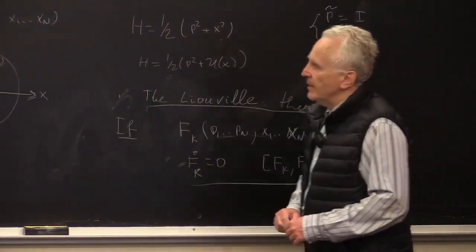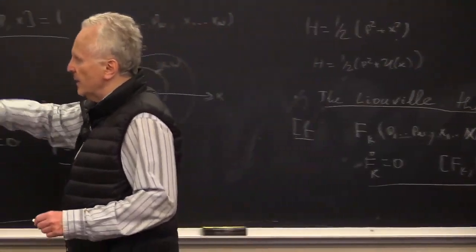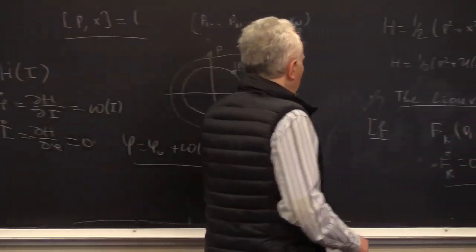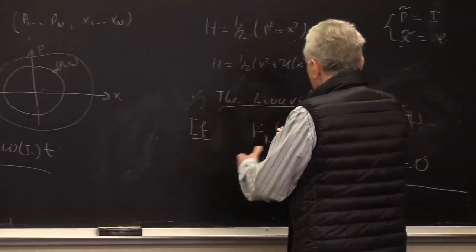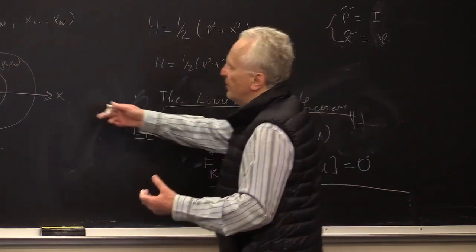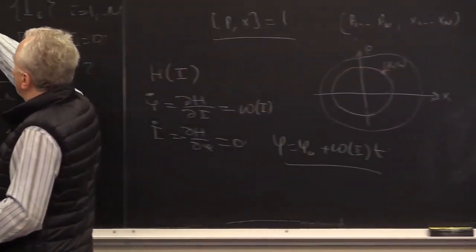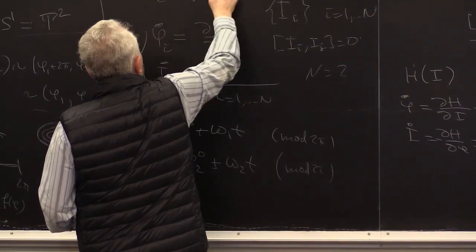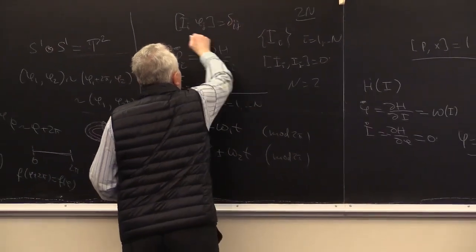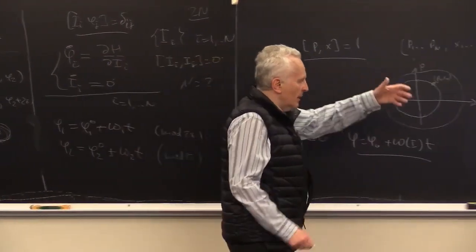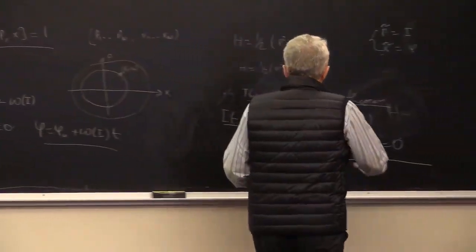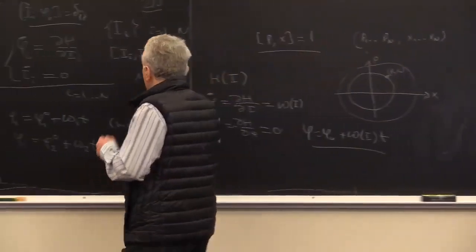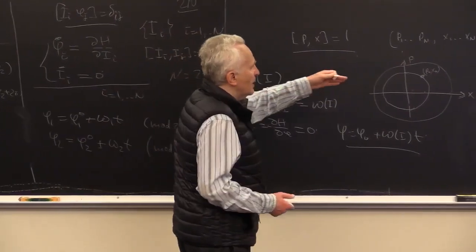Under this condition, it is always possible to find action angle variables. You see, they commute, but you have to find some combination of f so that the Poisson bracket of I_i and phi_j will be delta ij. That's non-trivial.